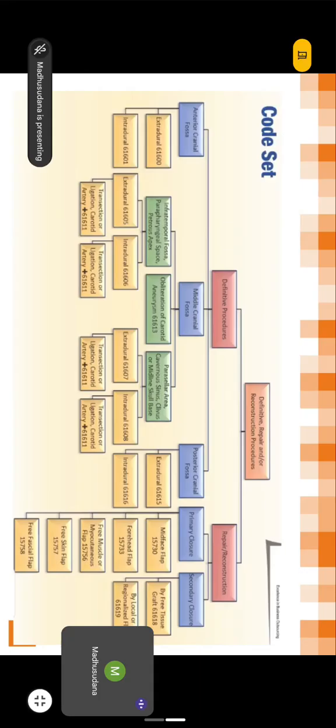Primary closure, the 15,000 series will come. Secondary closure, the 60,000 series will come. Okay. So again, same procedures and location. First one is location, second one is procedure. Okay. So try this one.